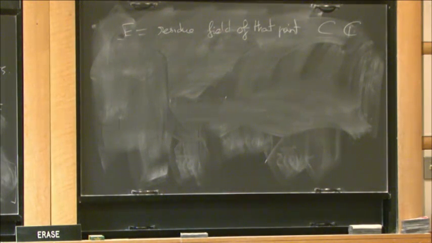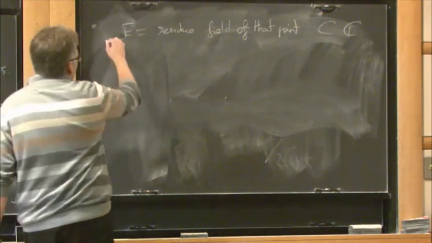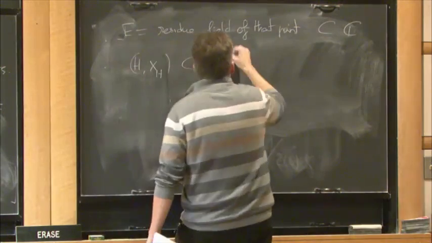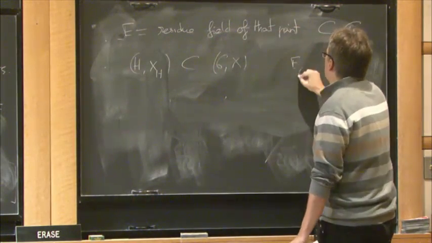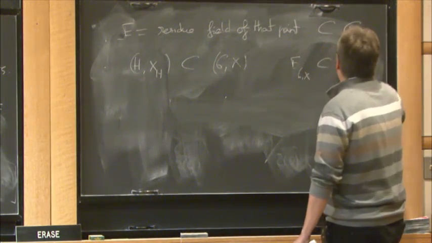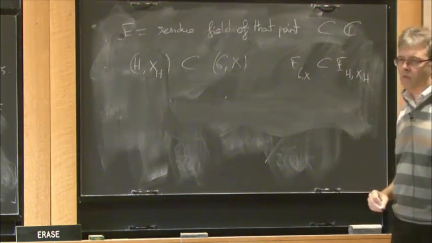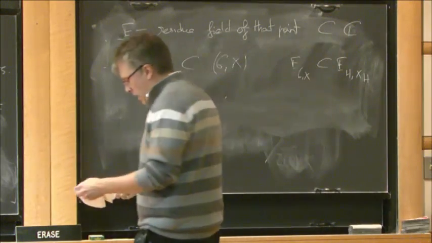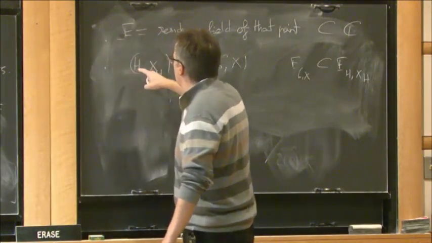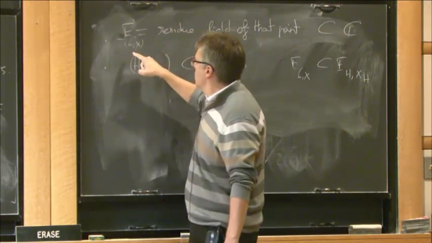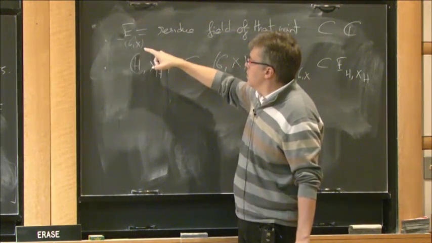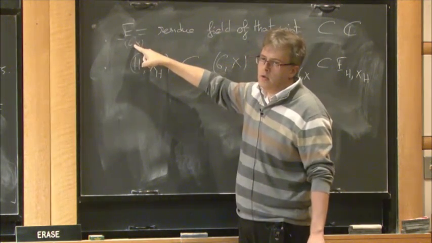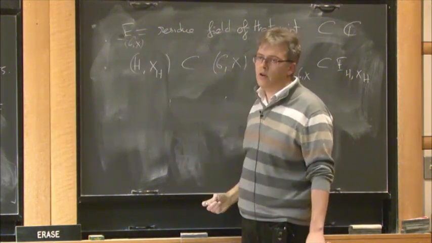Okay. What is important is that suppose that you have (H,X_H), a sub-Shimura datum of (G,X). So this will be used all the time. Then E(G,X) is contained in E(H,X_H). Okay. So the subvarieties are defined over a bigger field. The second thing is that this E(G,X), you can in fact compute it as a composite of the reflex field for the adjoint datum and for the torus T that I defined.